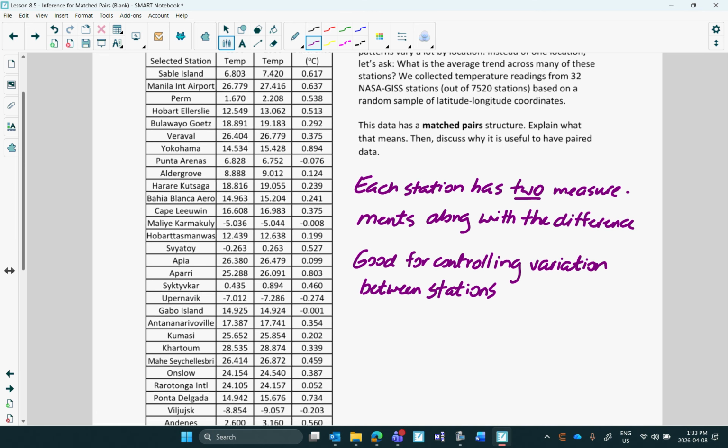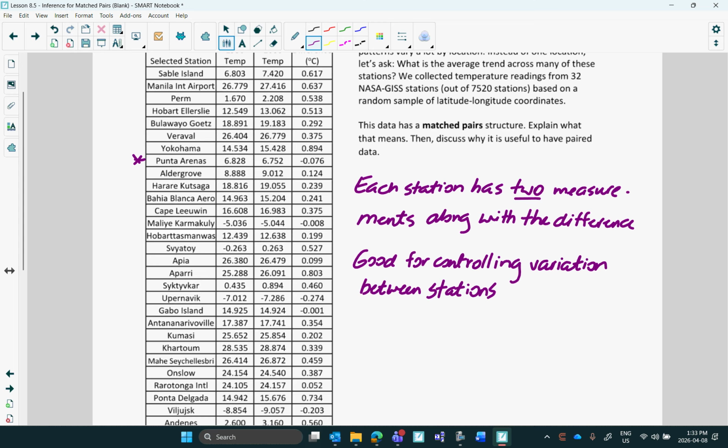So all of the differences were found, and you can even just look at the table here. Look how many are negative values. Without even having to calculate the average first, there's Punta Arenas, the one we calculated.